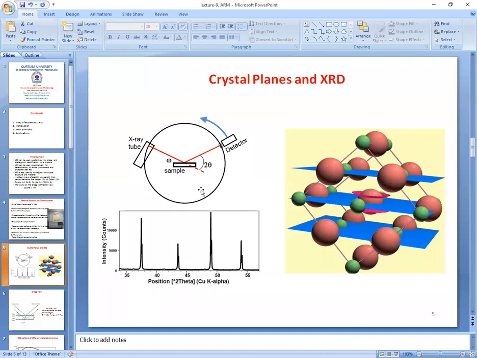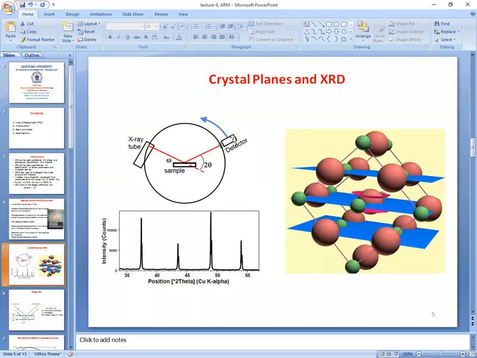When an X-ray is allowed to fall on the sample, it is diffracted from the sample, and it is detected by the detector, and it is counted and recorded. This detector can move in this direction, and it can also move in a three-dimensional way. So this is the incident angle, and this is the diffracted angle.